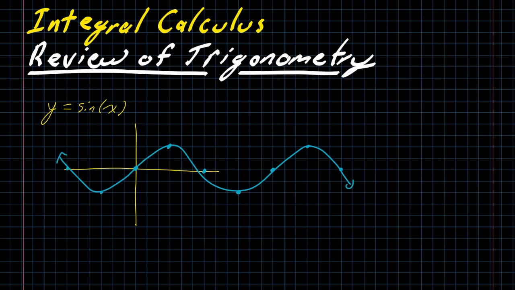The graph of y equals sine of x looks something like this. The maximum value is y equals 1. The minimum value is y equals -1. And it repeats through this pattern over and over again. The most notable thing for us is that it is very much not a one-to-one function. So sine does not have an inverse.